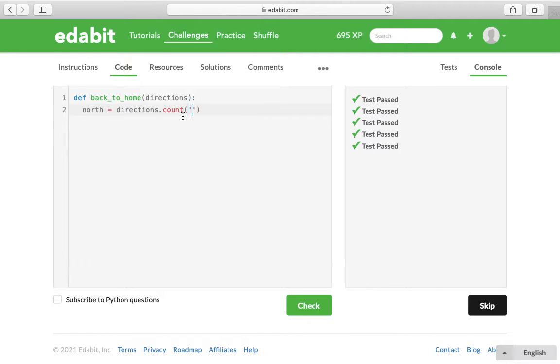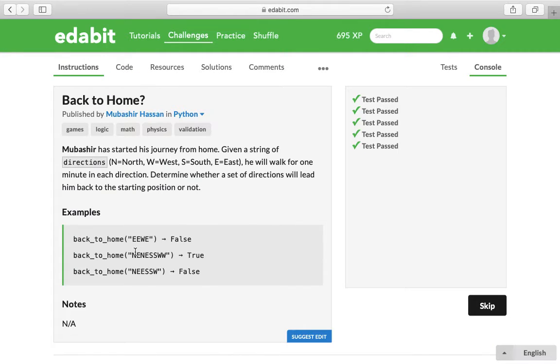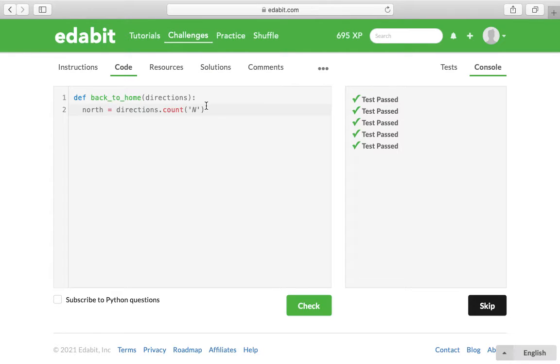So dot count is the method you're going to use in parentheses, and then single quotations you're going to put in a capital N, because you can see in the directions they're all capital letters, and they're either doing north, south, east, or west. And so I'm going to do this for south, so directions, dot count, single quotations S, and then east.